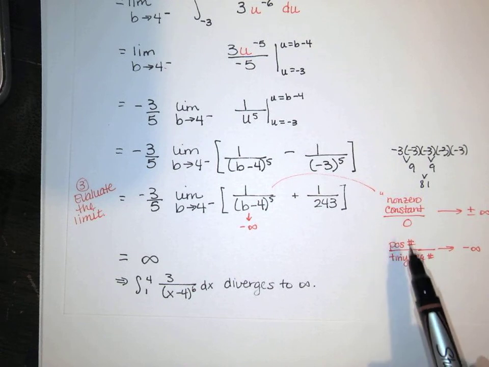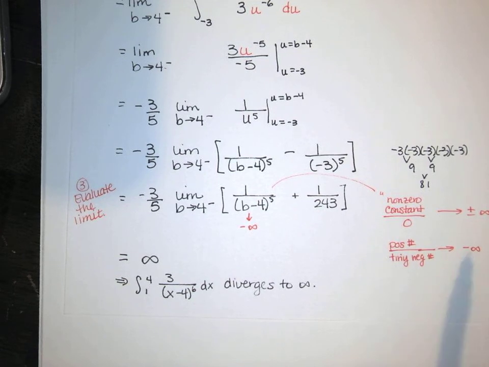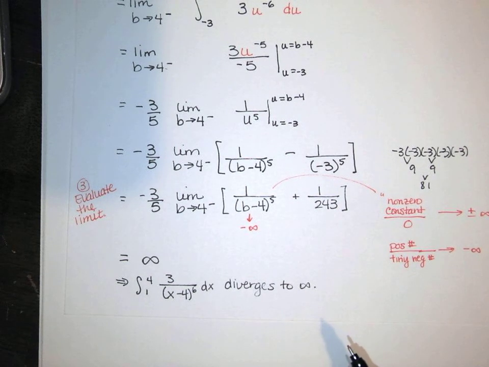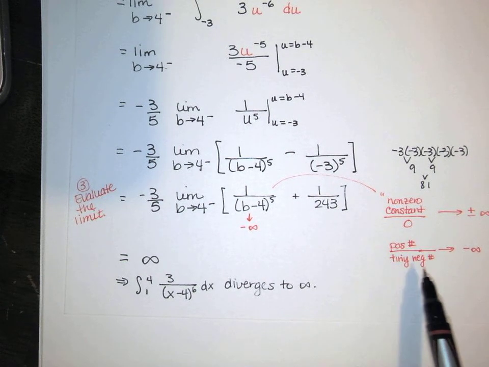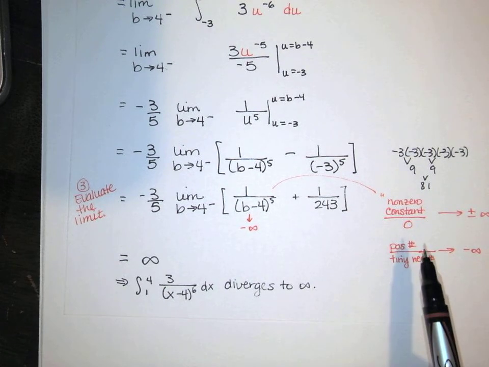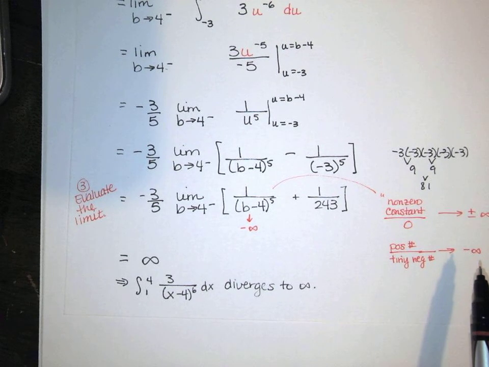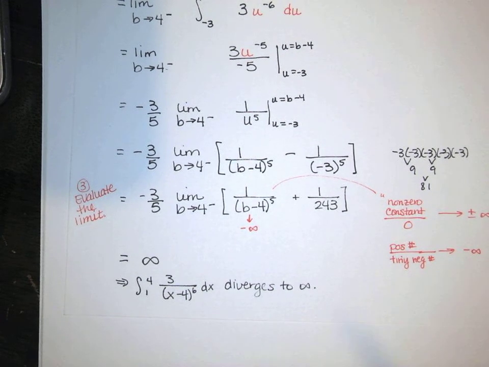Once you find the signs of all the factors, you know, positive over positive is positive, negative over negative is positive, positive over negative, or vice versa is negative. But if it's approaching 0 in the denominator, it's going to approach negative infinity. A positive number over something really tiny and negative is a very large in magnitude negative number.